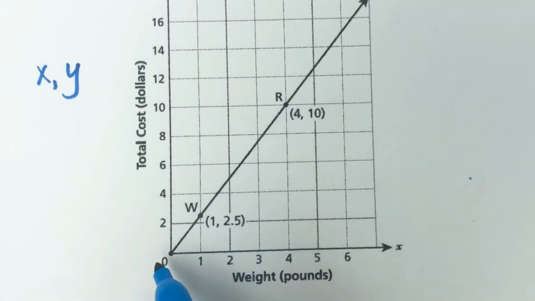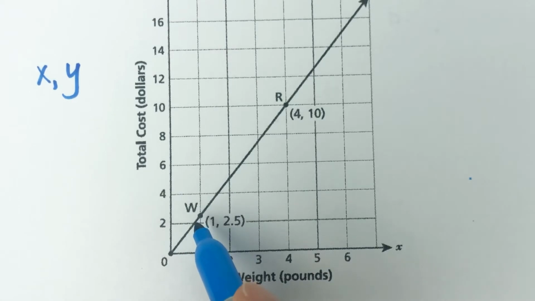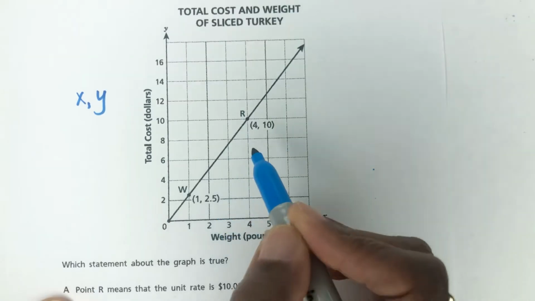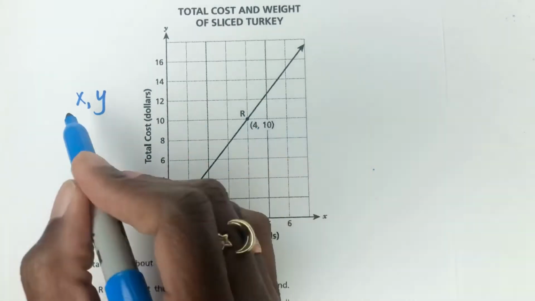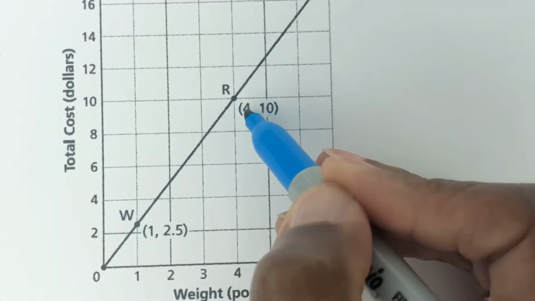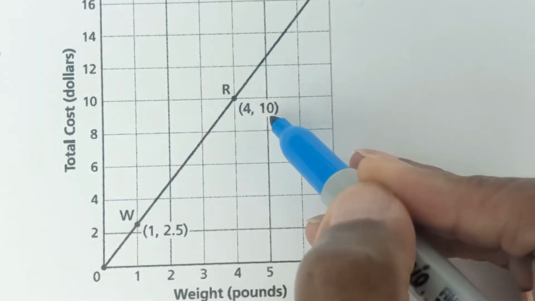So this is the X. So on the X axis is the weight. So what the W plot is saying is that 1 pound costs $2.50. And what the R is saying, because the X is first and the X axis is weight, R is saying 4 pounds costs $10.